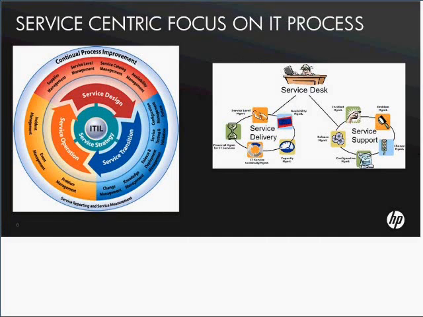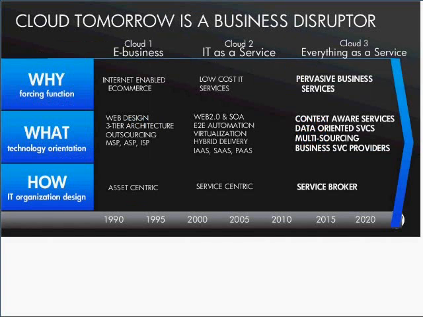Everything centers around the processes with which I provide or deliver these services to the business, and standing up the different functions like a service desk is ultra important in that context. But I want to very quickly go and look forward, and not too far forward.